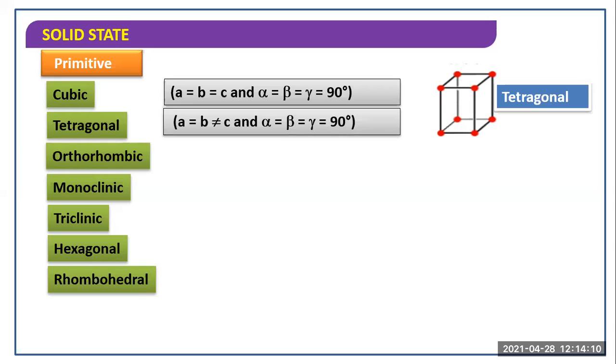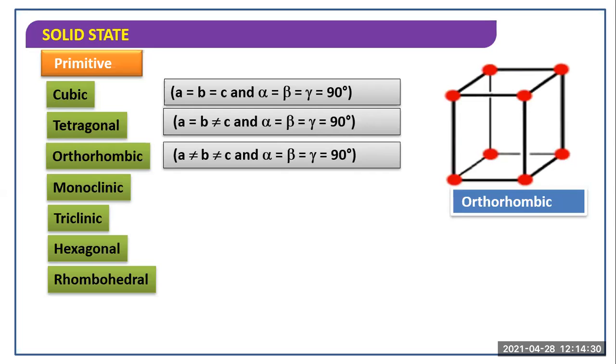This tetragonal, that A equal to B not equal to C, that's mean 3 edge length is not equal, 2 is equal, but the angle of the crystal is 90 degree. It is tetragonal.